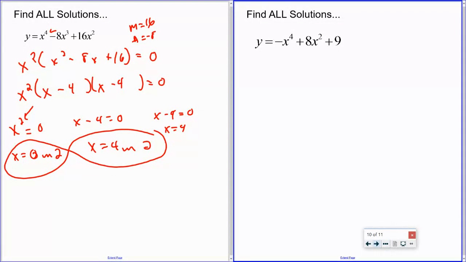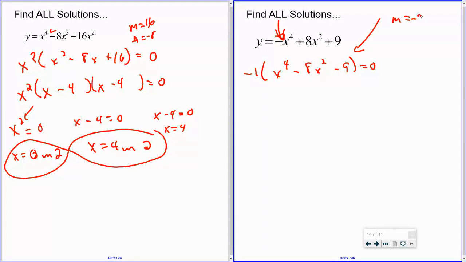This one, I'm always looking to see, can I take something out? At first glance, I don't see anything, but I really don't like a negative sign in front of my x squared term. It just makes it ugly. So let's factor out a negative 1. That's going to flip all the signs. Now I want to look at this one.